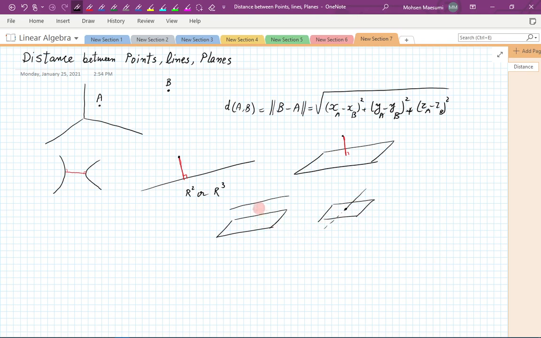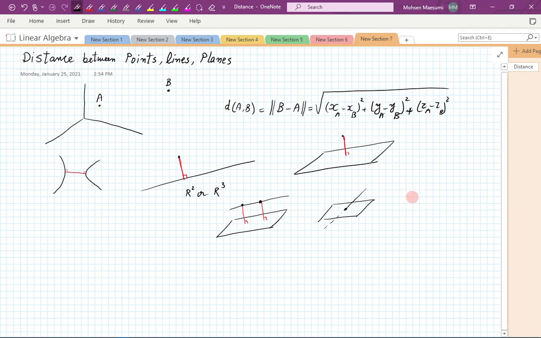So the only case of interest would be when the line is parallel to the plane, and in that case, any point that you pick on the line will give you the same answer, as in if I find the distance here it will be the same answer as if I find the distance somewhere else. It's all the same distance. So this case will be reduced to that easily. There's nothing to be done.